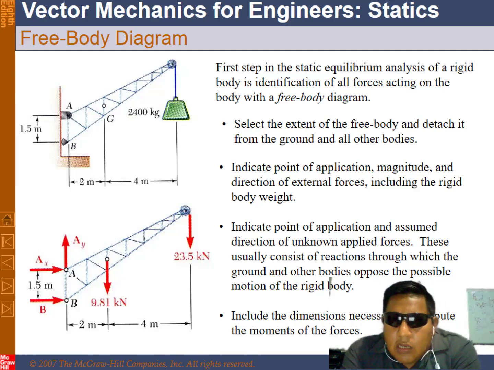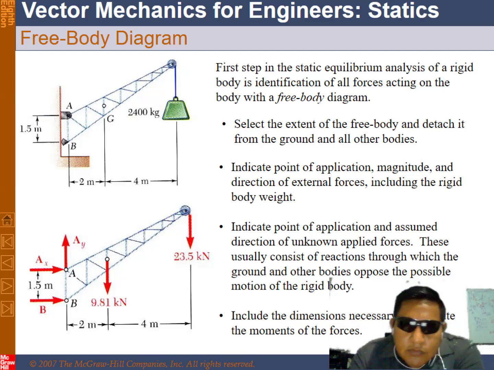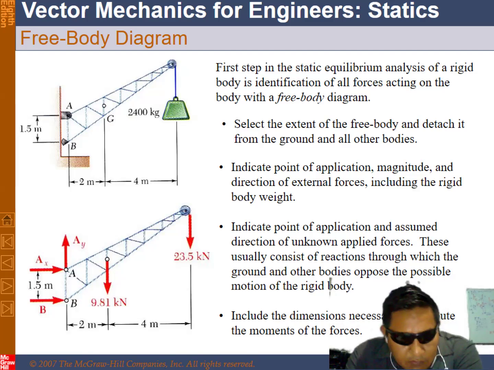Indicate the point of application and assumed direction of unknown applied forces. These usually consist of reactions from the ground and other bodies opposing possible motion of the rigid body. Include the dimensions necessary for computing the moments of the forces.